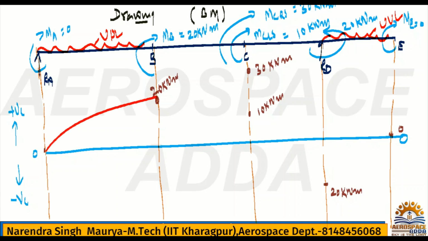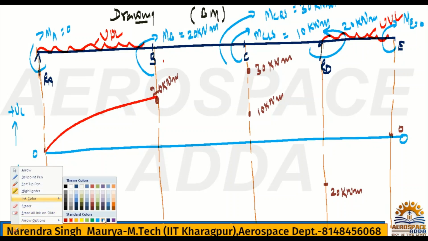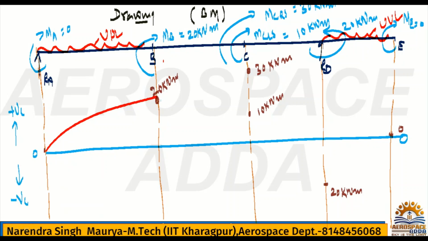Between B and C, we do not have any UDL or any force, so we have to draw an inclined line. The inclined line now, 10 kilonewton meter, and 30 kilonewton meter you have to meet by a straight line, because it's the same point, just left side and right side of C. First 10 kilonewton meter will come, then 30 kilonewton meter.